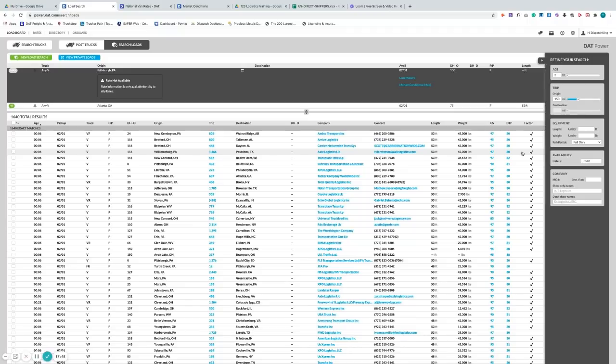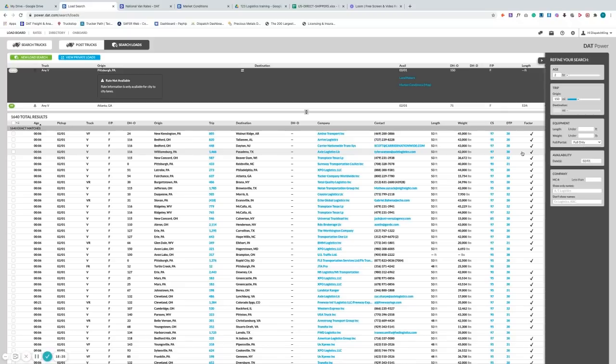And this is a $1 billion industry. I mean, there's plenty of loads out here that you can get what you want. You got your pickings, but just make sure you're looking at your market rate, your DAT trend line, and like I say, don't be coming on here always trying to get the home run.